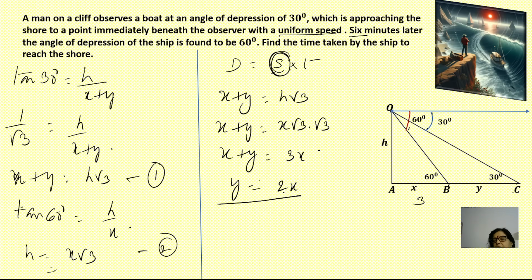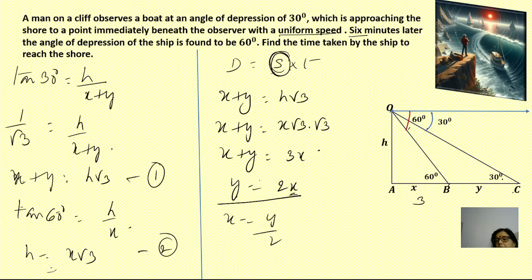This is twice the distance, so this time will be half. You can relate from here also, the distance is twice over here, so automatically the time taken will be half. X is half the distance, so the time taken will be half the time, that is 3 minutes, since the speed is constant.